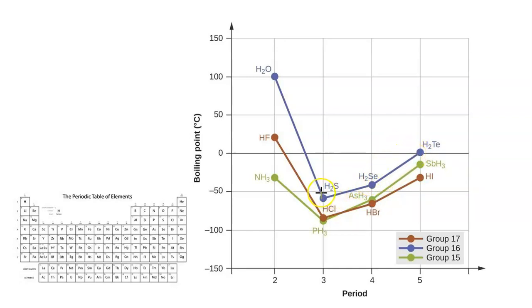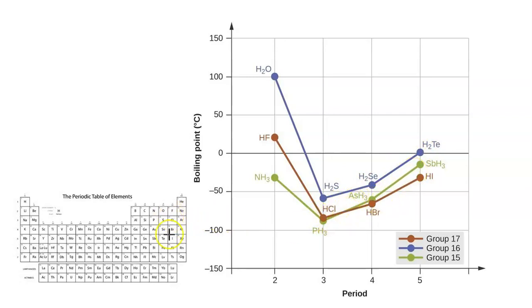And intermolecular forces in this trend increase because of molecular mass. We have stronger London dispersion forces, so we have more mass, which is why it's increasing like this. Same thing with these groups here.